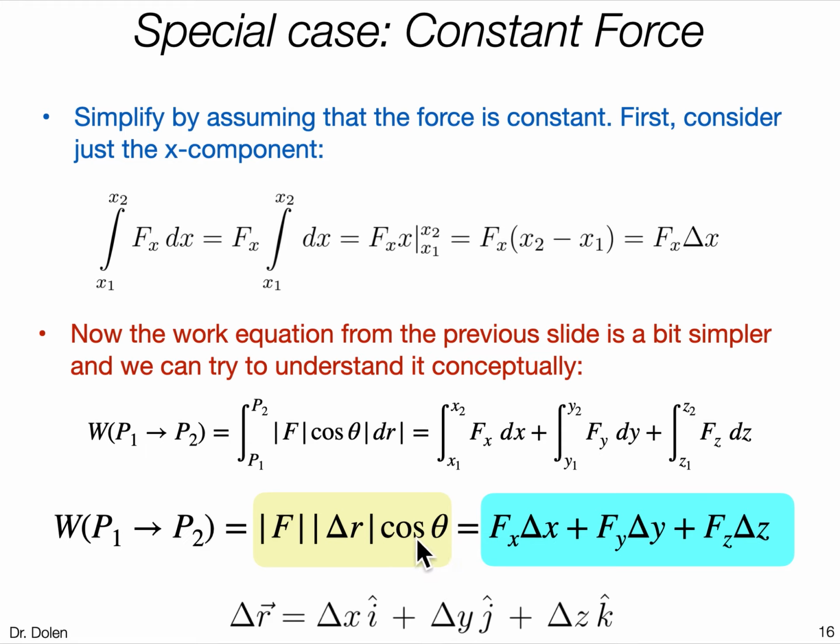If the angle is 45 degrees, cosine of 45 degrees is some number less than 1, so I'm doing less work. If this angle between the force and displacement is 90 degrees, I'm doing 0 work, because cosine of 90 degrees is 0.